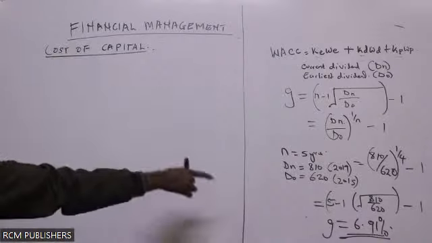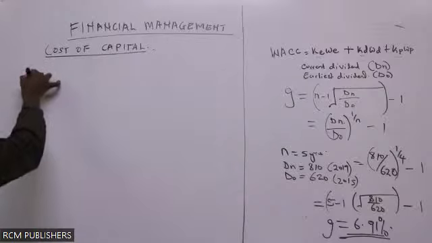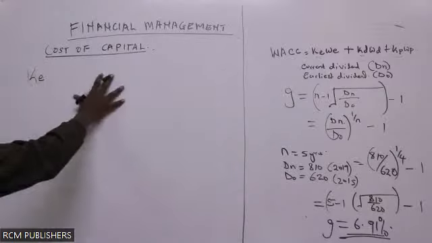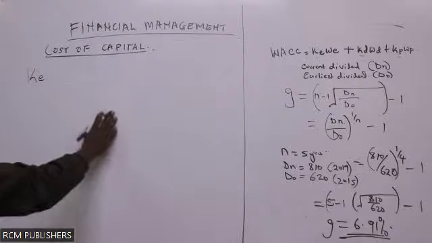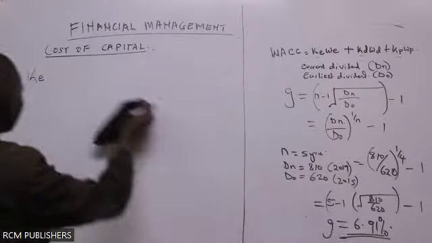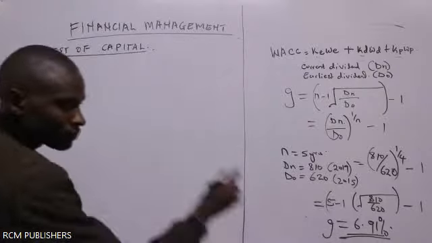So having my growth, I know that KE, now getting the component cost. I want to get the component cost. So I say component cost.